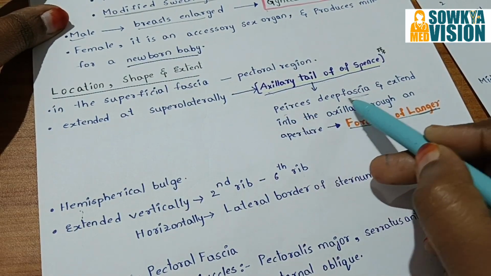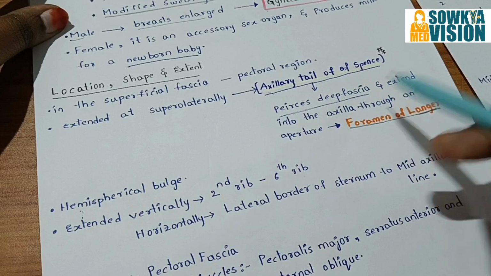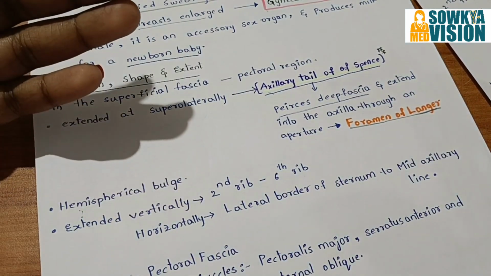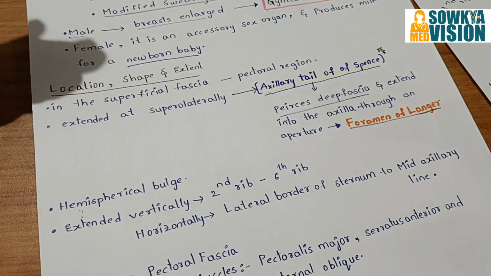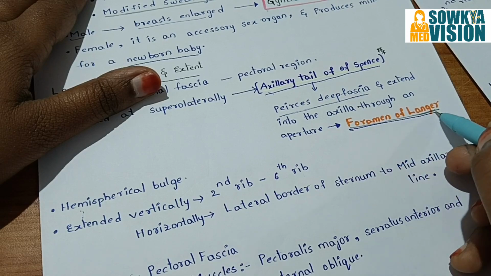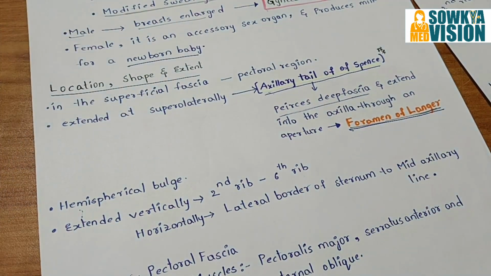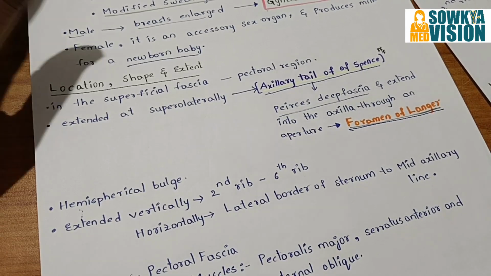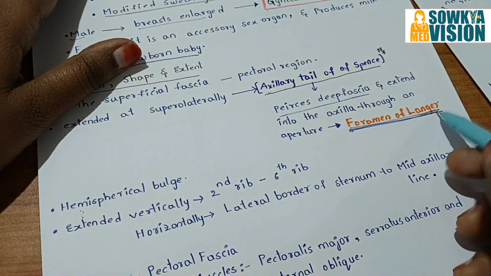It pierces the deep fascia and extends into the axilla through an aperture known as the foramen of Langer.